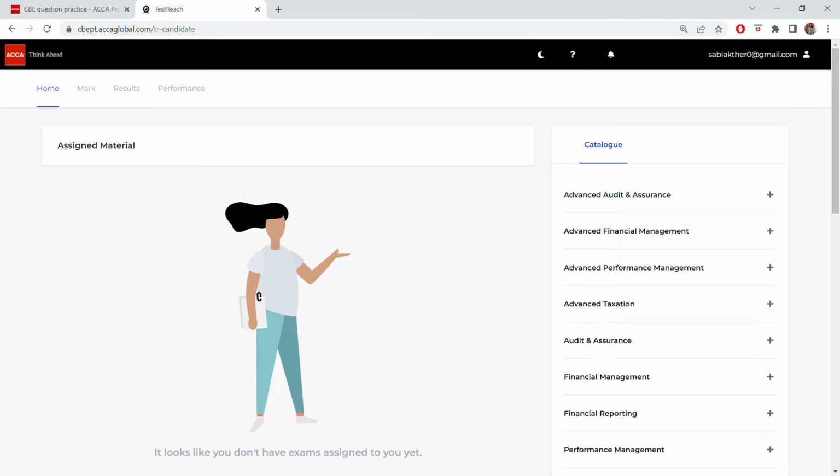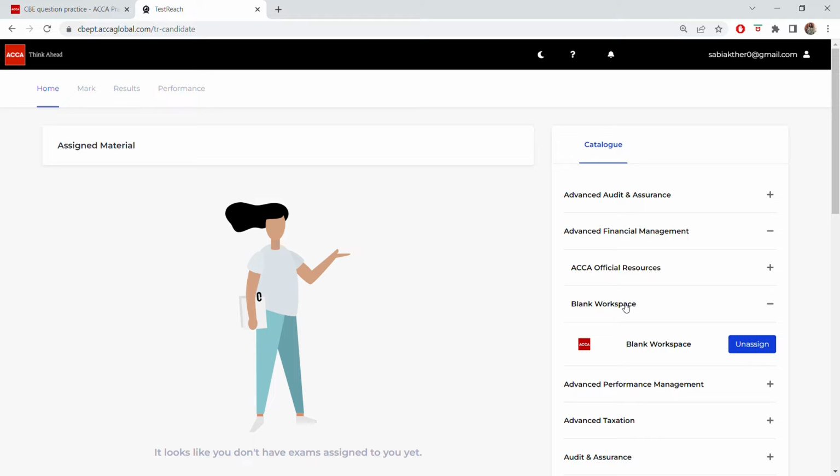So you land up to this page. Okay, when you come under AFM, you will be coming to the CB practice platform. You need to log in with your ID and your password, and then you will land up on this page. You need to select AFM, and blank workspace, because since we are not using the past paper question, we are taking the question from the textbook.